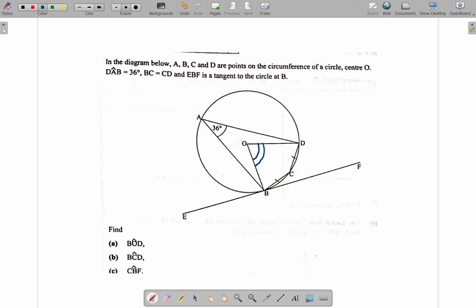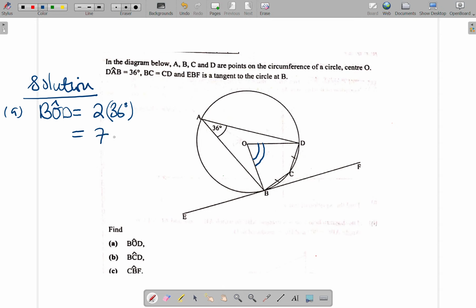So solution, A: angle BOD is going to give me 2 multiplied by 36 degrees, which is going to give us 72 degrees. Very simple indeed. So BOD is 72 degrees.